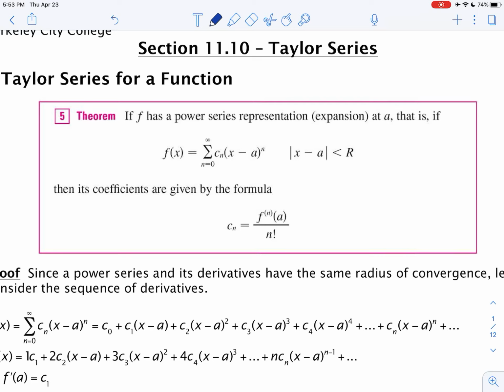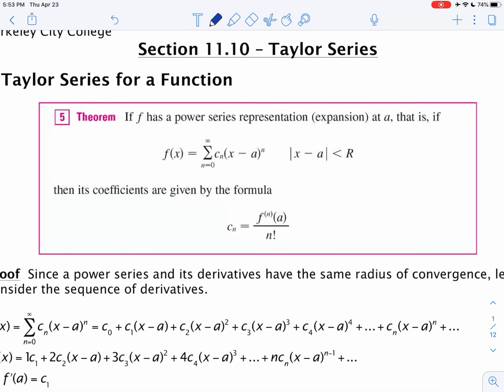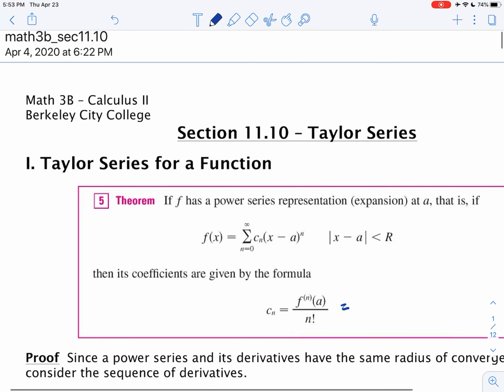It says if f has a power series representation or power series expansion at a, in other words, if f of x does equal the sum of c sub n times (x minus a) to the n, then its coefficients are going to be given by the formula c sub n equal to the nth derivative evaluated at a, over n factorial.